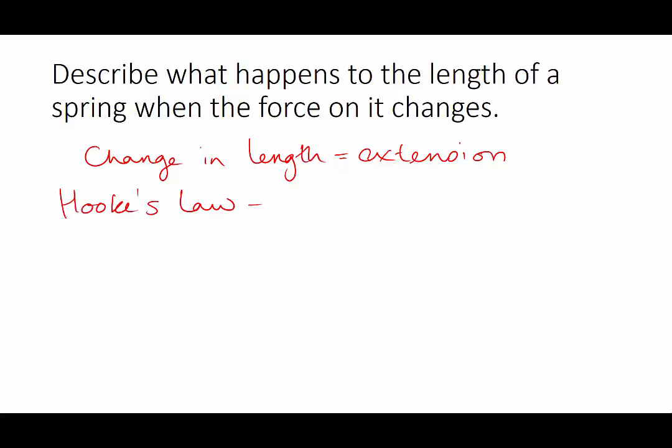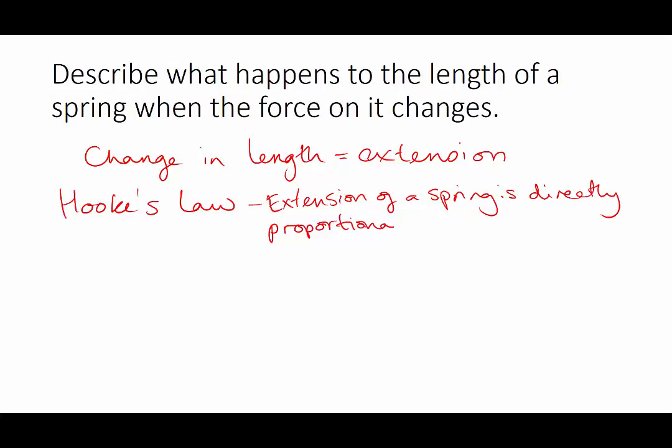Hooke's law tells us that the force applied to the spring creates an extension, and that the extension of that spring is directly proportional to the force that's been applied. So what I was saying earlier, if the force doubles, the amount of extension is going to double.